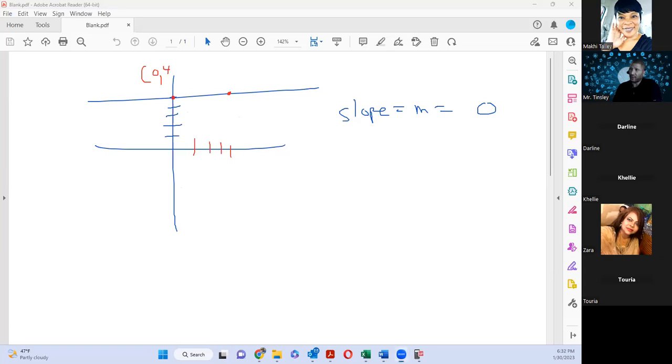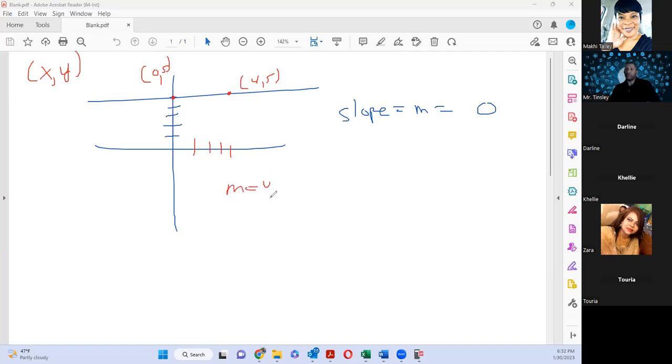So this point is 4, 5. Everybody understand how I got the coordinates of those 2 points? That's also another guaranteed question on your exam. What is the ordered pair of points? It's an easy question. X before Y. Each point is an ordered pair, X, Y.